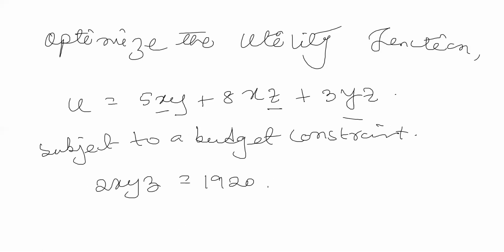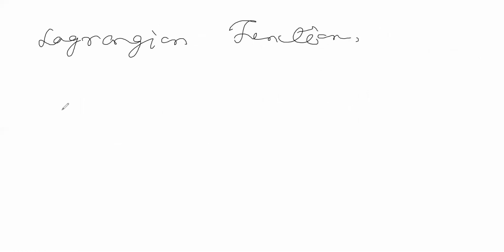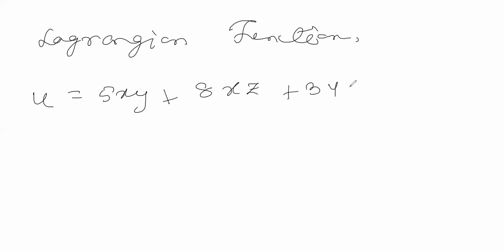Okay, what do we need to do? We need to form the Lagrangian. So the Lagrangian function will then look like u is equal to 5xy plus 8xz plus 3yz.